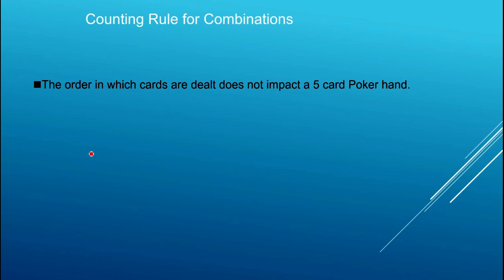But we don't care what order we draw the 5 cards in. If we're going to draw a royal flush, we don't care whether we drew the ace in the royal flush first or we drew it last. It doesn't matter. What matters is the combination of the cards, not the order in which we drew them. So the rule for combinations would be more useful in thinking about the probability of poker hands.